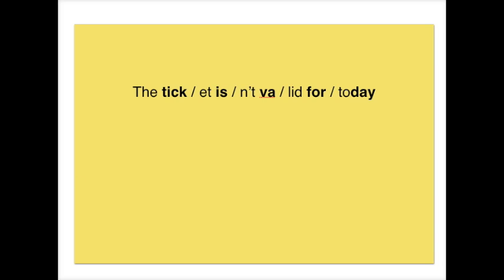We break that down into poetic feet, which is lightly stressed, heavy stressed syllable, iambic, light, heavy, iambic, continues for 5, pentameter: the ticket isn't valid for today. So this line here, without the divisions, the stress is here: tick, va, day.